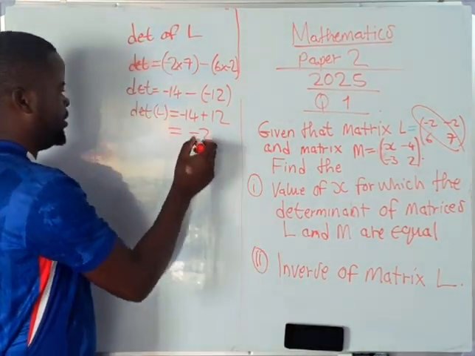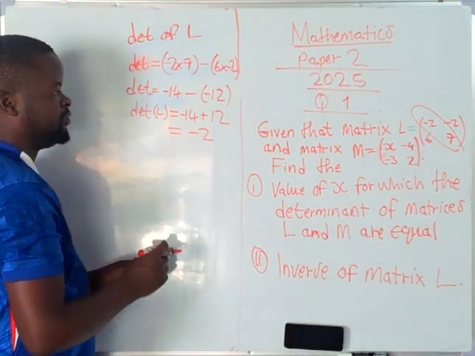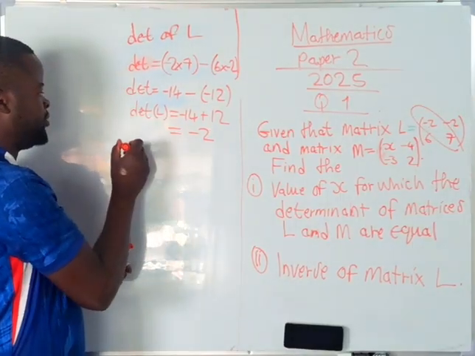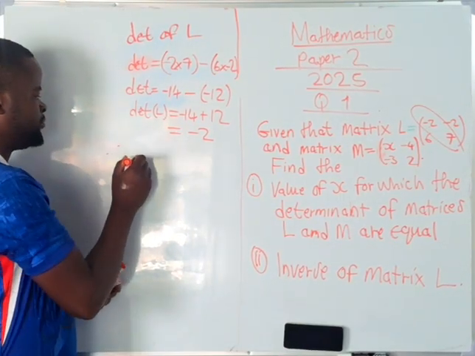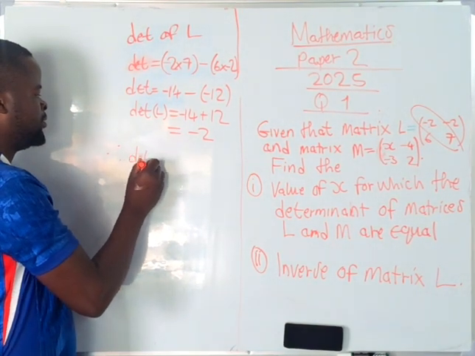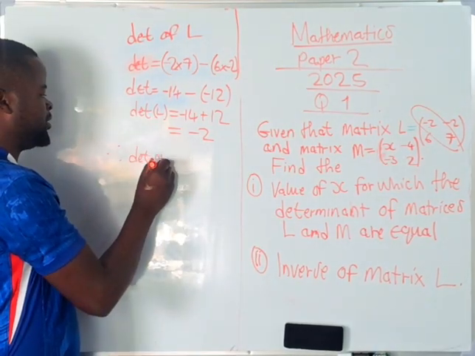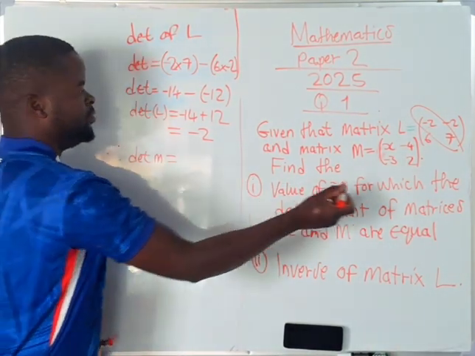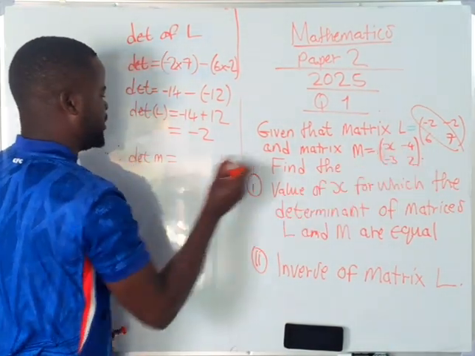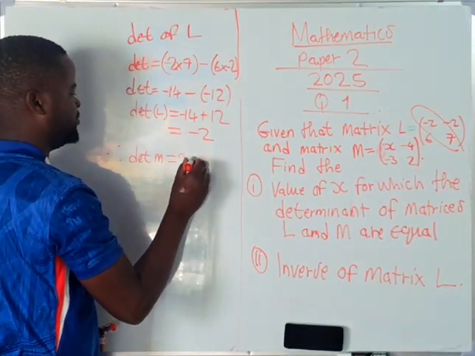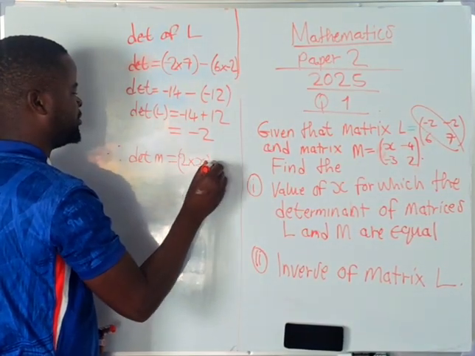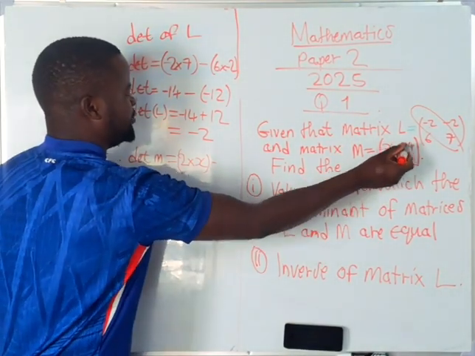Now that we have the determinant of matrix L, the determinant of matrix M is equal to 2 times x, in brackets, minus -3 times -4.